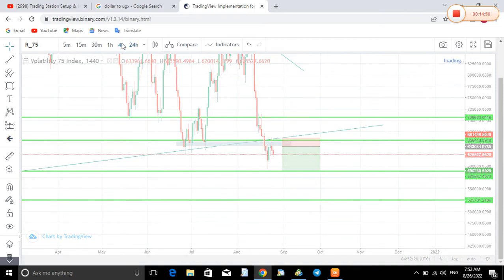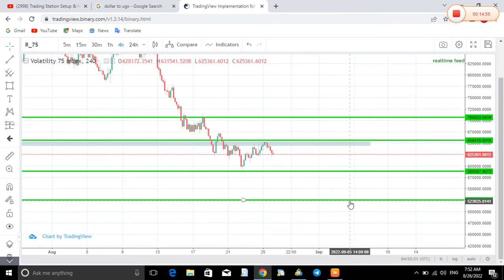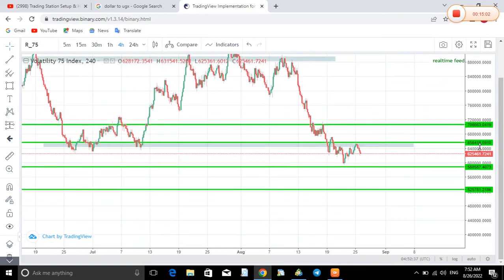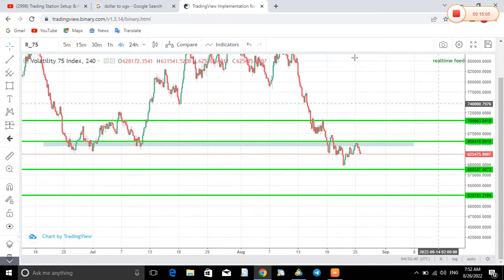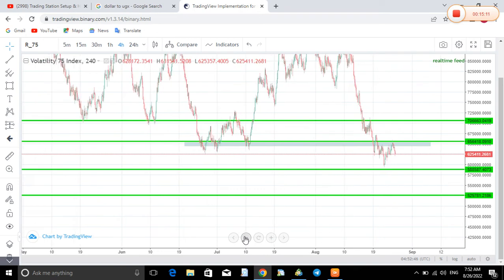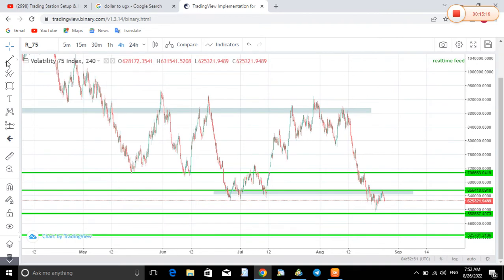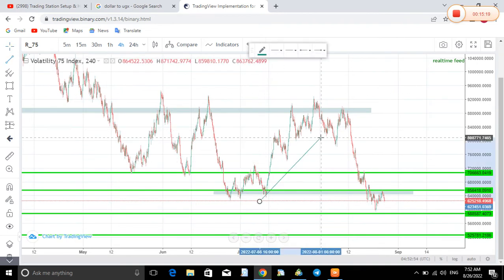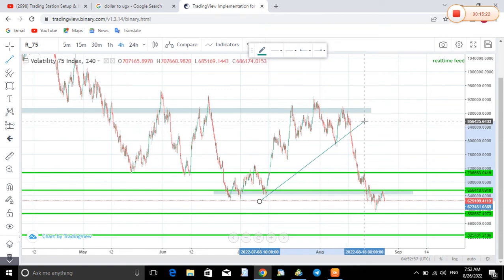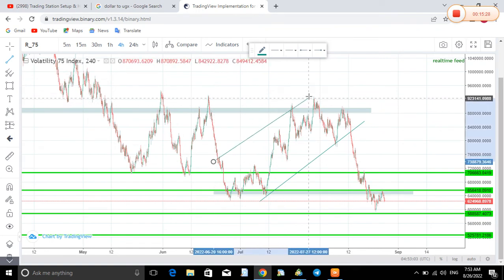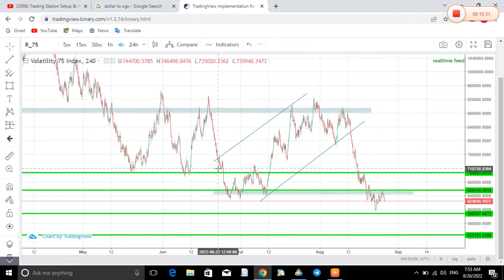If I try to scroll down to our 4 time frame, you can clearly see that we had an impulse. Now we're experiencing our correction move. For those who are following our channel, I think you remember when we spotted for you this beautiful bearish wedge, and we told you 75 is going to break this wedge and the price is going to drop to the downside.